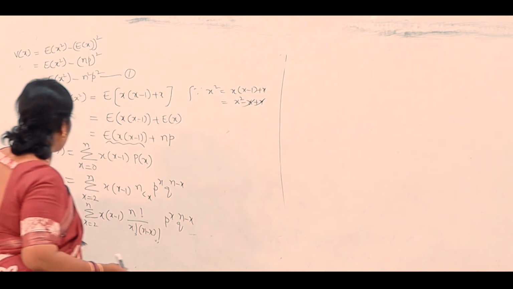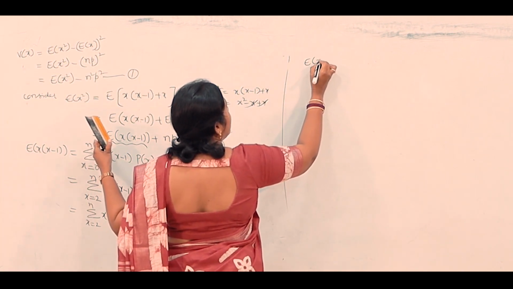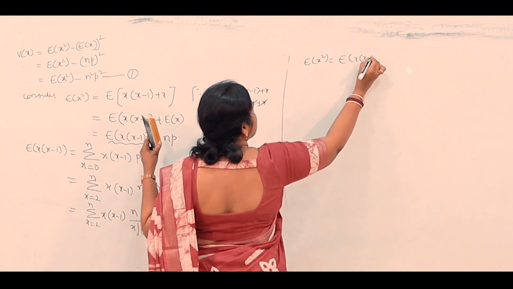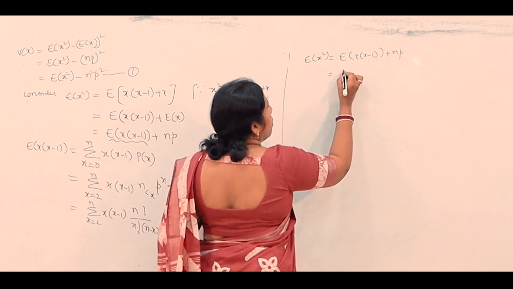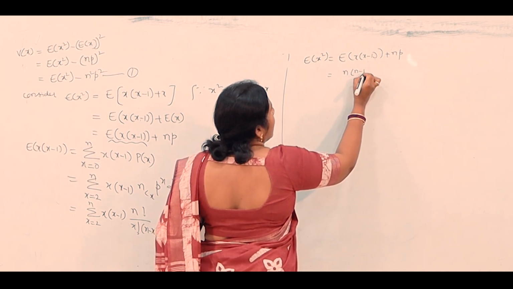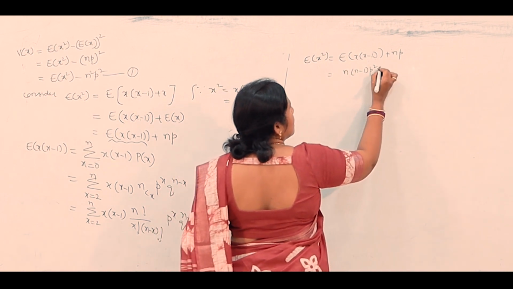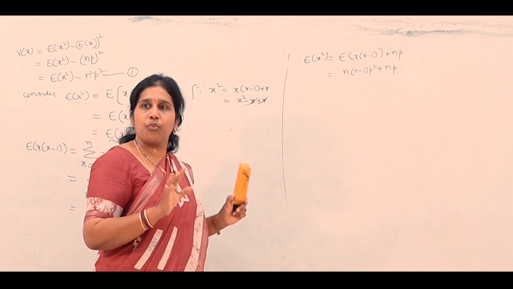So I'll substitute the value in this equation. What is the second moment? Expectation of x into x minus 1 plus np. So you got n into n minus 1 p square plus np. Now we want to calculate our variance.